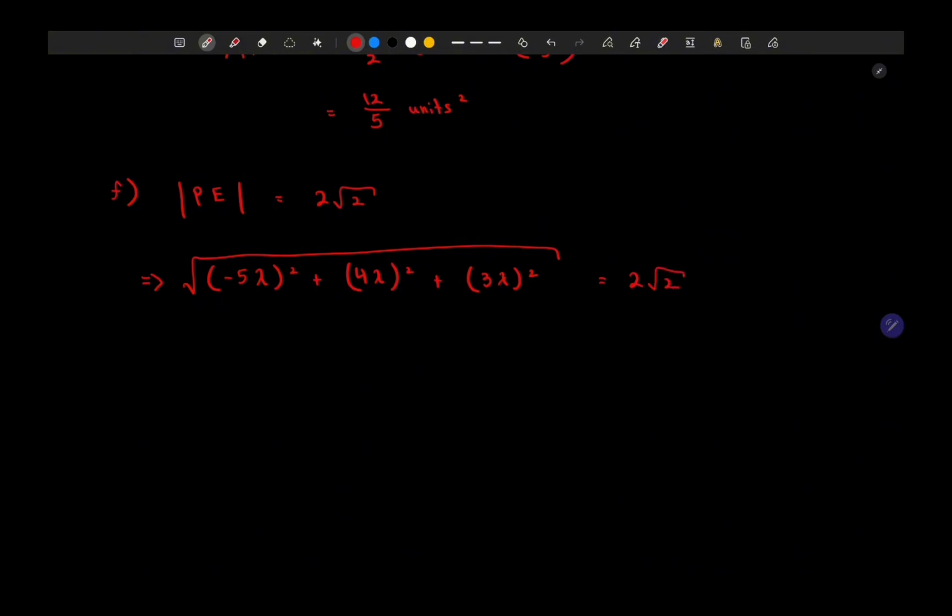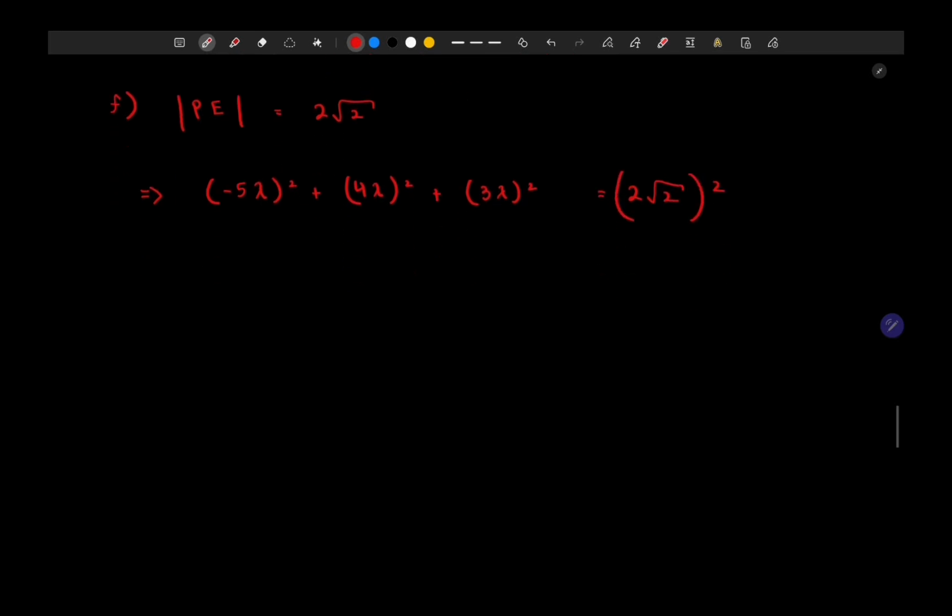Now if I move this square root to the right hand side of the equation, it becomes squared. So this is equal to 50 lambda squared equals 8. So there will be two values of lambda. One of the values will be plus 2 over 5 and the other value will be minus 2 over 5. So it's plus or minus 2 over 5.